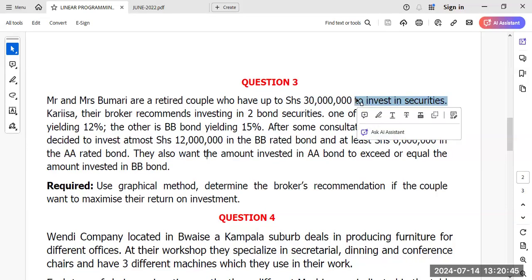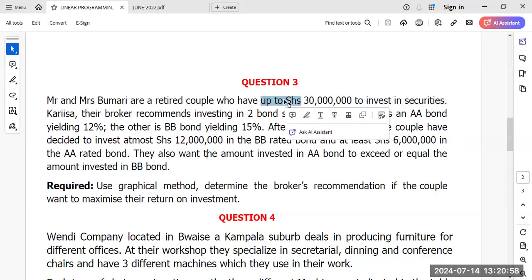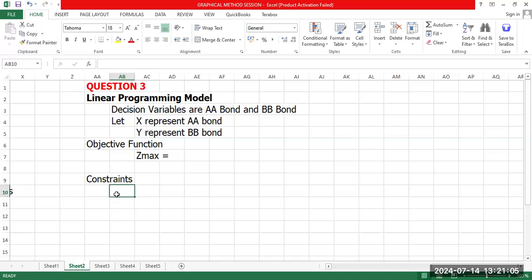This is the overall amount of money, and you have the words up to. So which inequality can you put there? Less than or equal to.